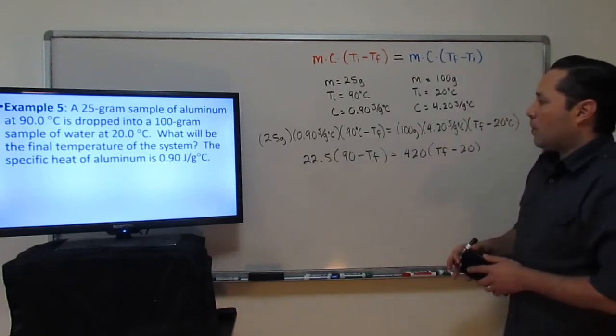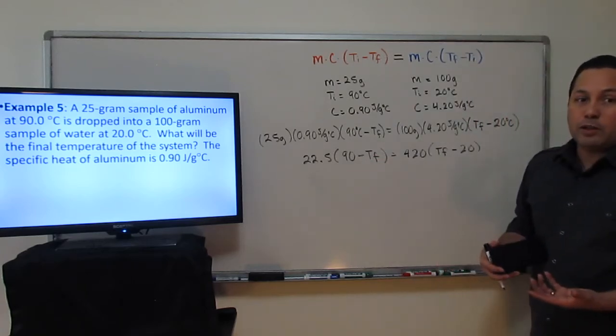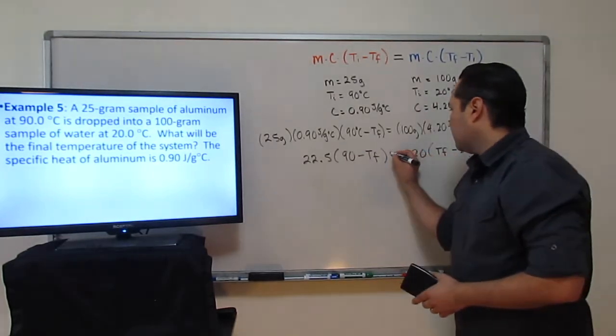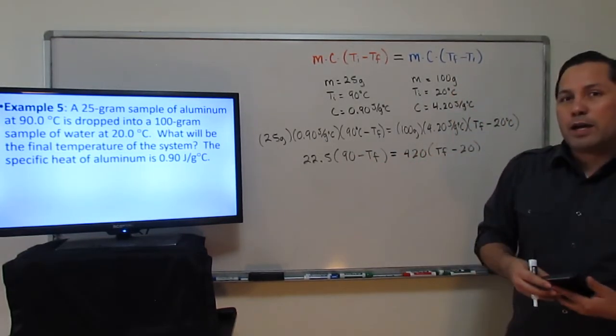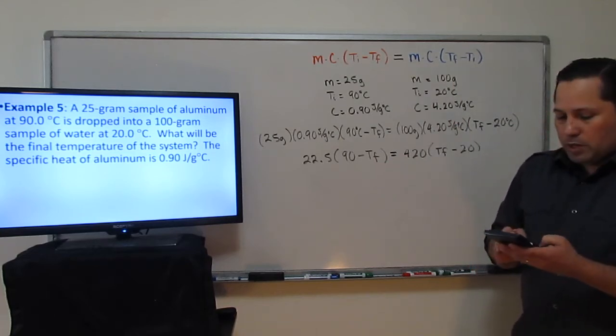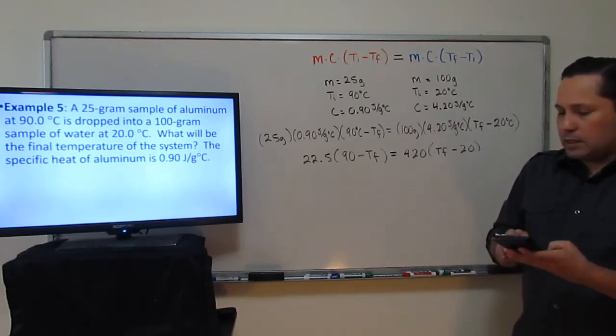What am I going to do next? Just keep on simplifying a little bit. I'm going to distribute these numbers, and after I distribute them, we'll keep simplifying as much as possible. So it's going to be 22.5 times 90.